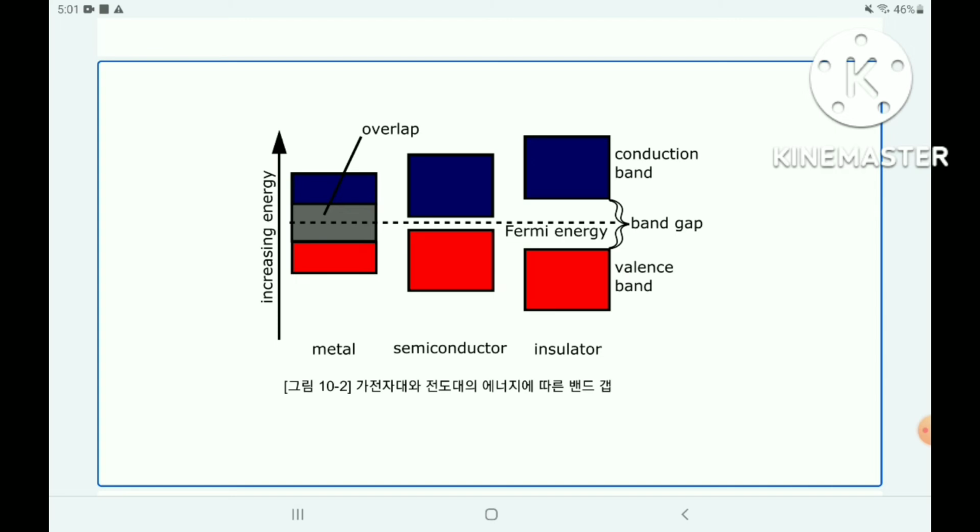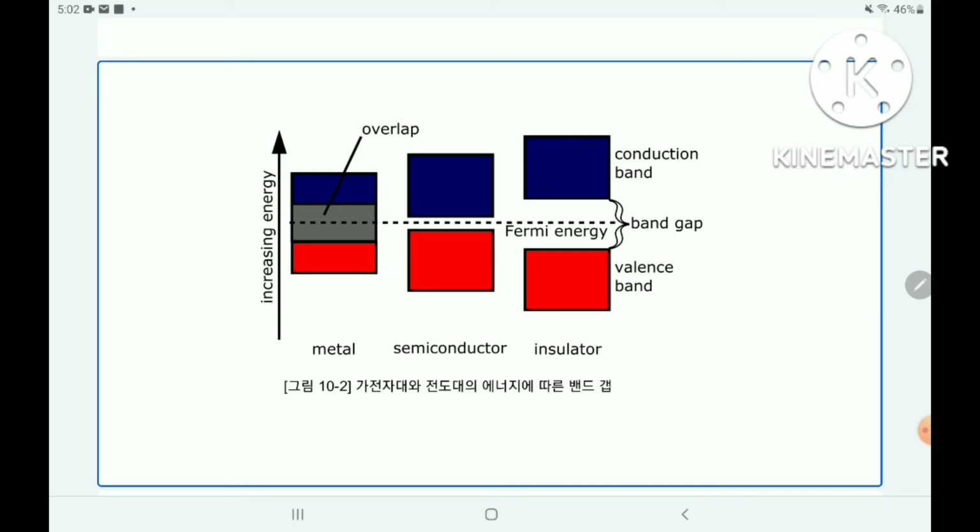Between the conduction electrons and the valence electrons, if there is an energy band gap, it is a prohibited region. In this energy band gap, there is no probability of finding electrons. Therefore, only the higher energy and the lower energy can exist. At room temperature in an insulator, the valence band, the red one, is fully occupied and the conduction band is empty.